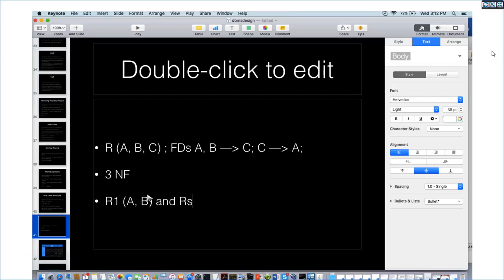Now this doesn't preserve the dependency. You can see how will you preserve the dependency A, B together determining C. Neither this split nor this split will preserve this dependency. Okay, right?